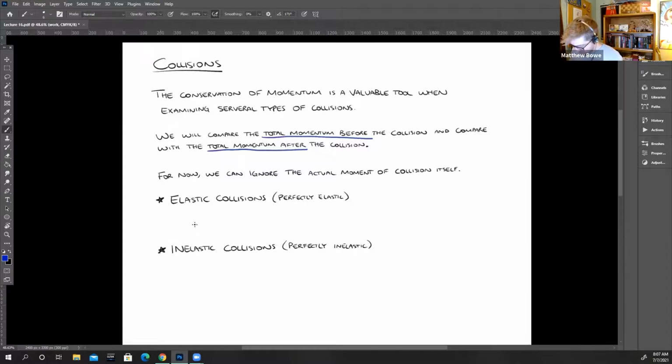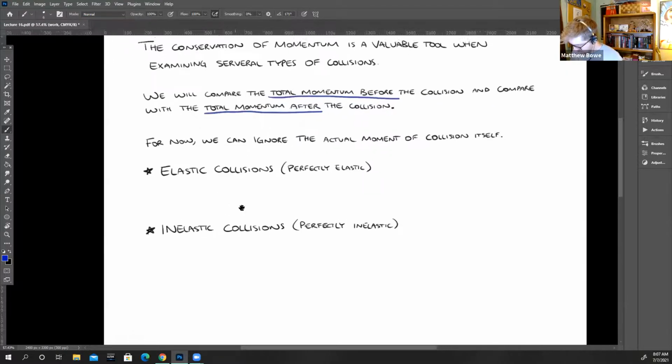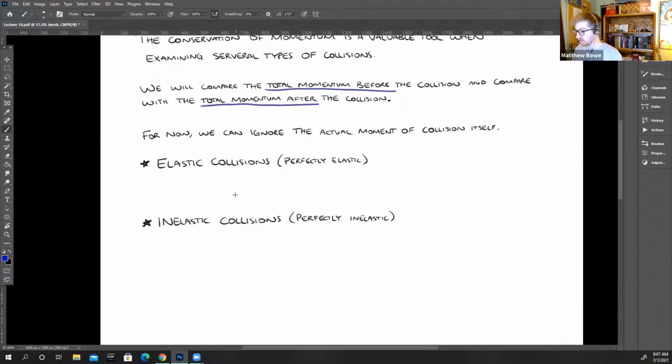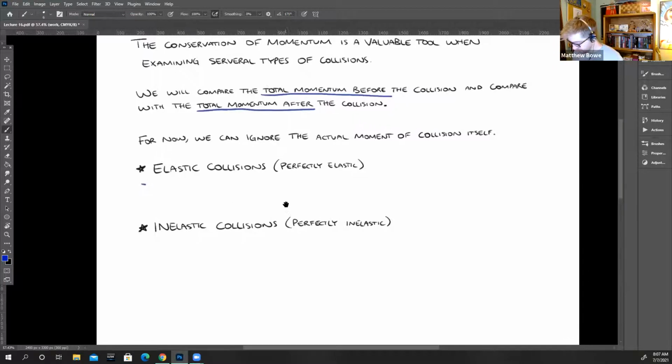Elastic collisions, we're looking at this one first. I'm going to say momentum is conserved. This is a type of collision where something will bounce off of another thing.